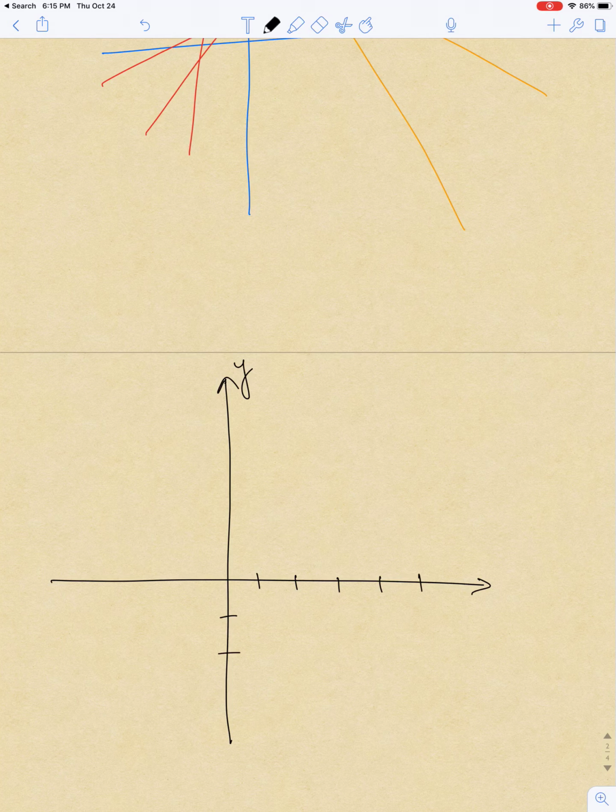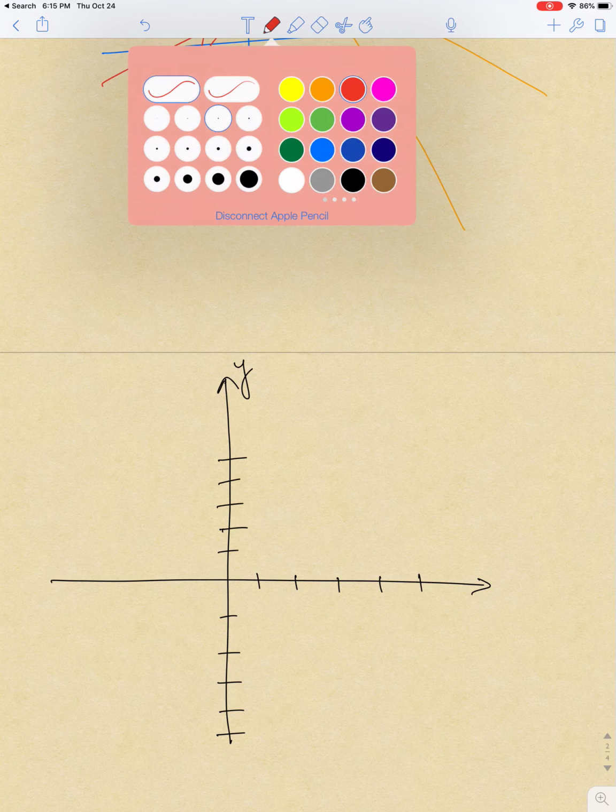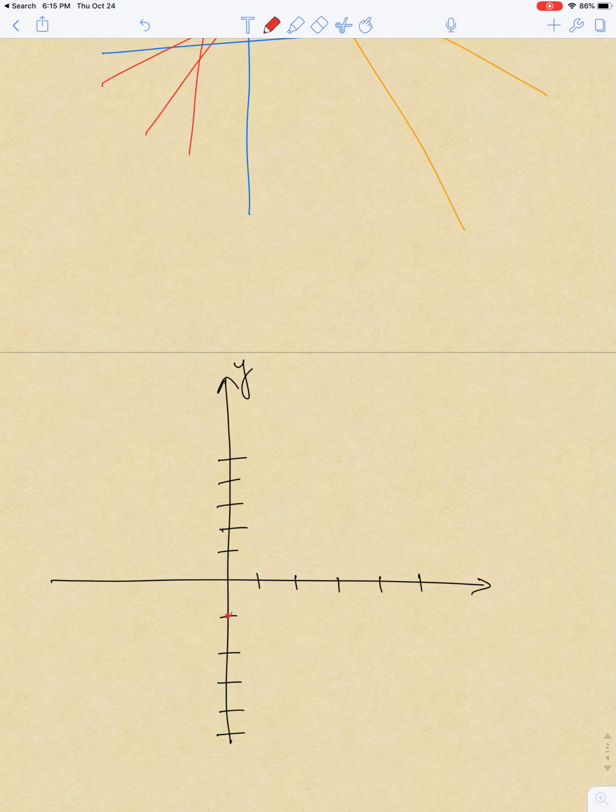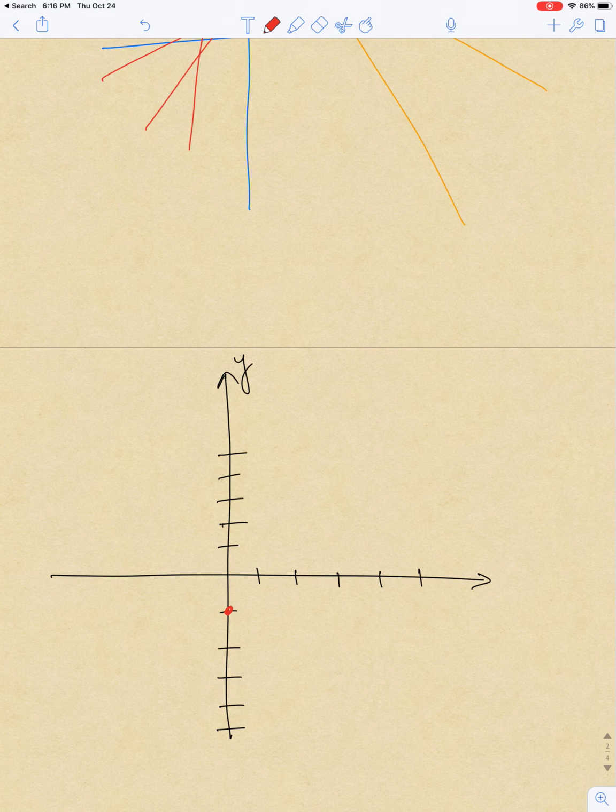We don't need lots of them. 2, 3, 4, 5. I'm going to draw a line, and I'm just going to pick 2 points to draw a line. To draw a line, all you need is 2 points. So I'm going to pick 1 point is here. The other point is 2, and let's call it 5, right? And I'm going to draw a line that goes through these 2 points.